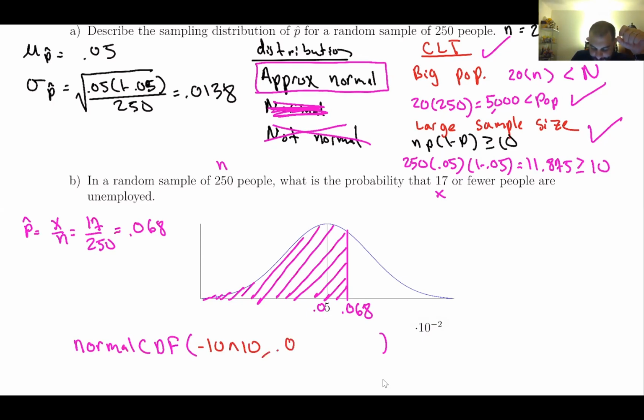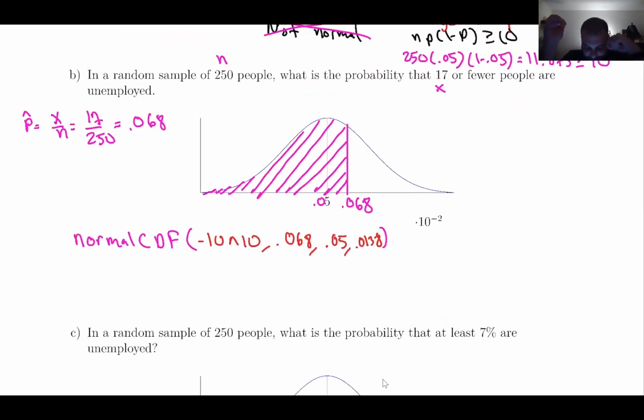Very good. What's my mu of p hat? There you go. And lastly, what's my sigma of p hat? All right. Any question on how I enter this so far?